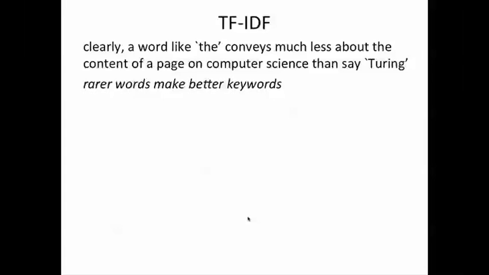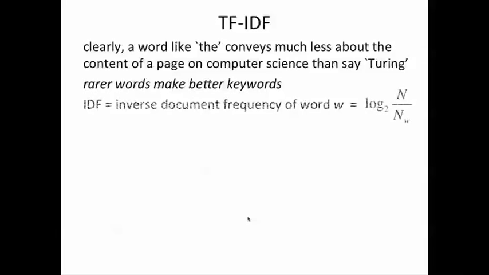Even other keywords like computer might be present in many documents, but they are certainly rarer than the, in, or, etc. So based on the principle that rarer words make better keywords, the concept of inverse document frequency of a word becomes useful. Now, what is inverse document frequency?